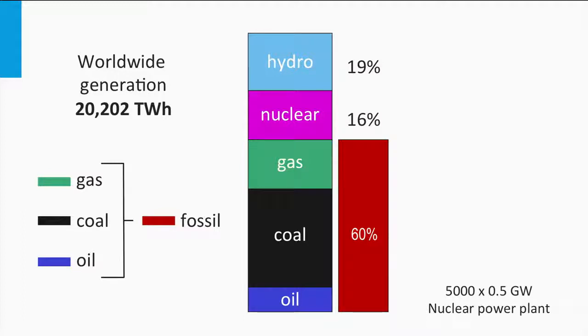In 2007, 20,200 terawatt-hours of electricity was generated worldwide. If you consider a 0.5 gigawatt nuclear power plant, it means that we need around 5,000 nuclear plants around the world if our electricity needs would be fully covered by nuclear power.